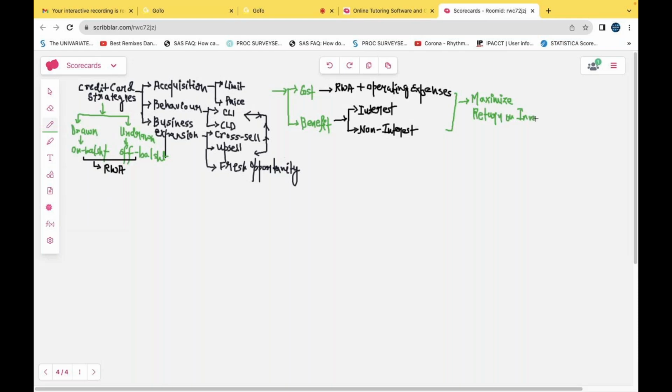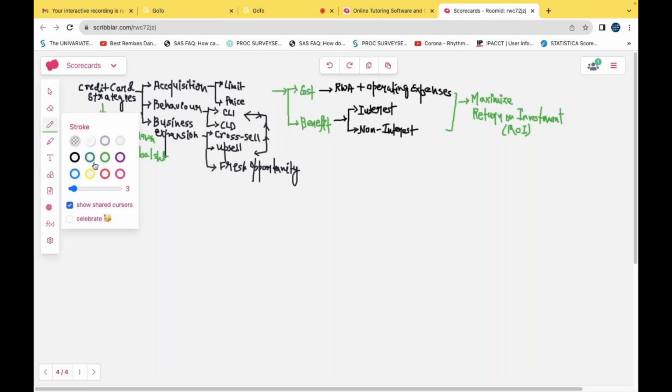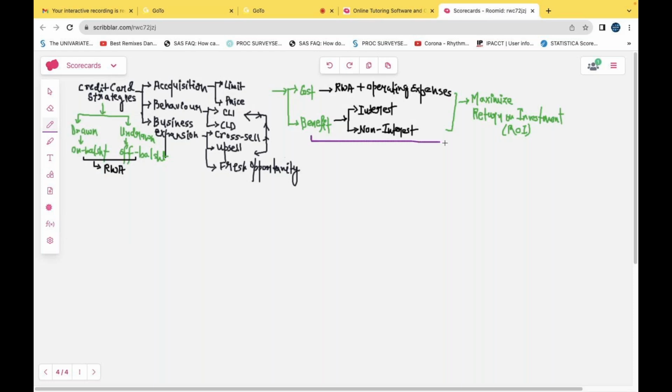So this is basically the overall framework that the business would have, or any kind of credit card lending would have.